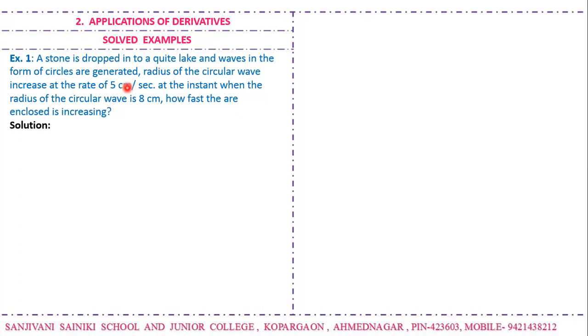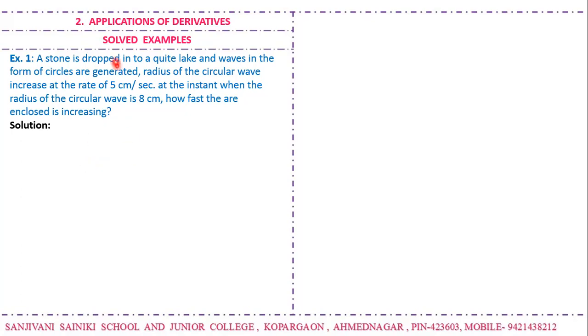The radius of the circular wave increases at the rate of 5 centimeter per second. At the instant when the radius of the circular wave is 8 centimeter, how fast is the area enclosed increasing?